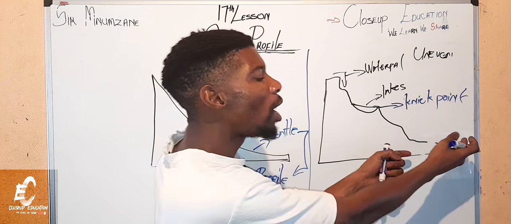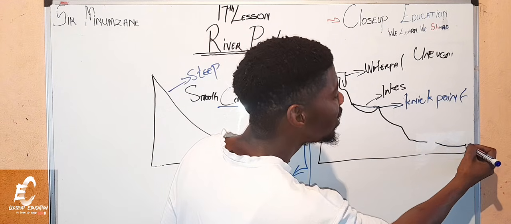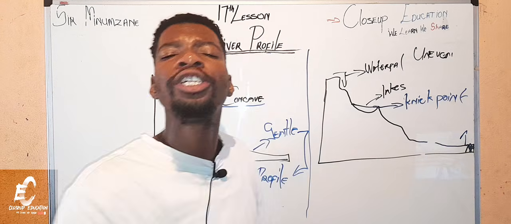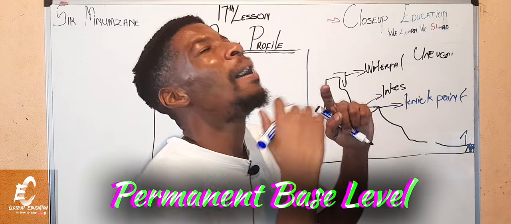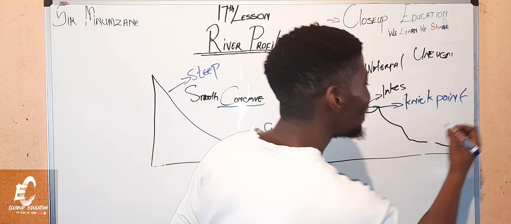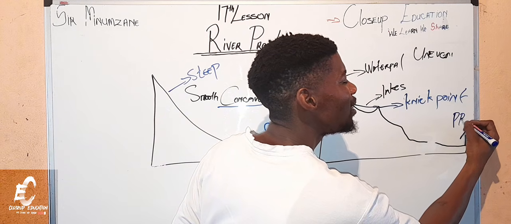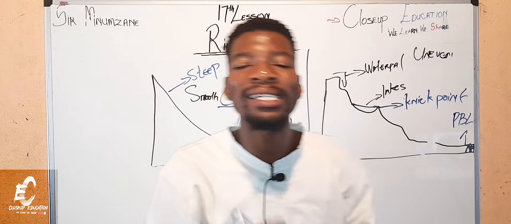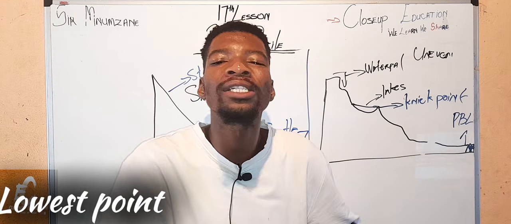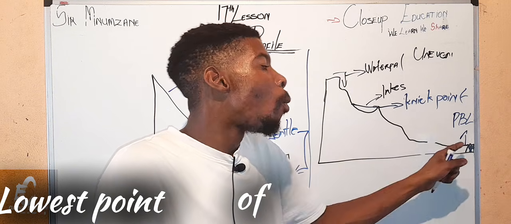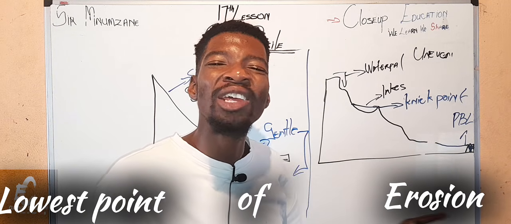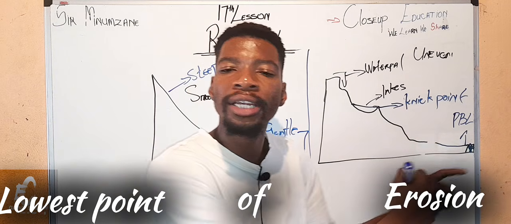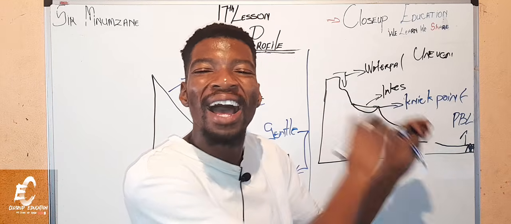And lastly, what do we have here? We have the last part, which is called our permanent base level. Okay, what is a permanent base level? A permanent base level simply means the lowest point to which a river can erode.